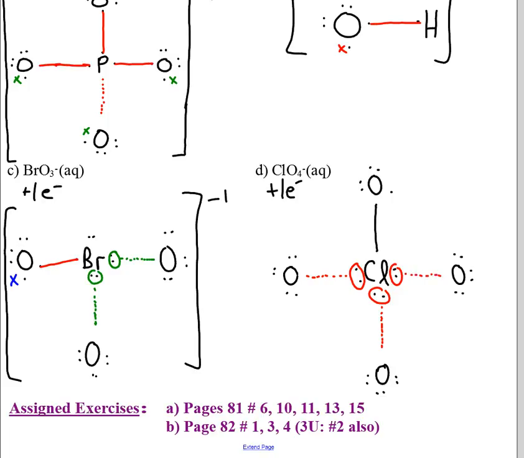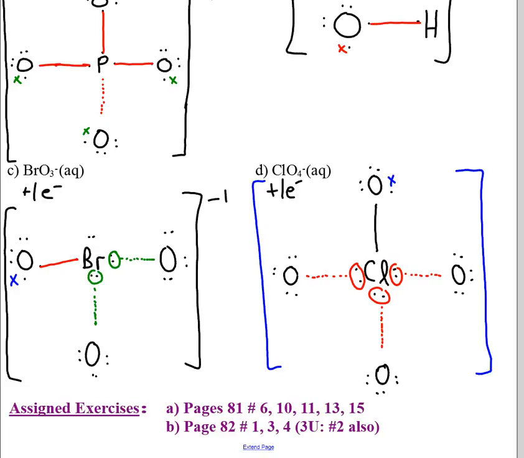Again here, all the oxygen atoms have had a full octet satisfied, with the exception of the one that was actually involved a little bit more in the covalent bonding with contributing an electron.